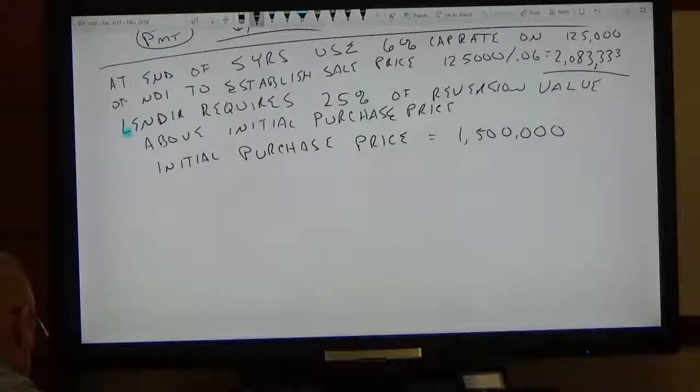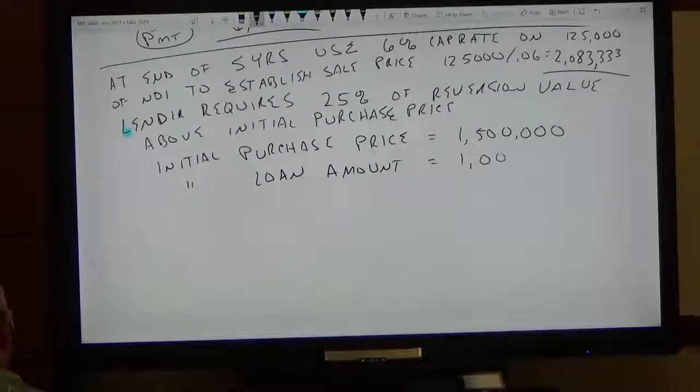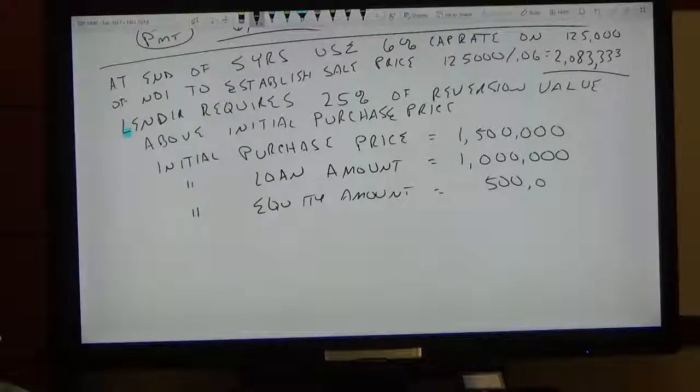But just to make sure everybody's comfortable, initial loan amount was equal to 1 million, meaning initial equity amount would be 500,000. Is everybody cool with that?